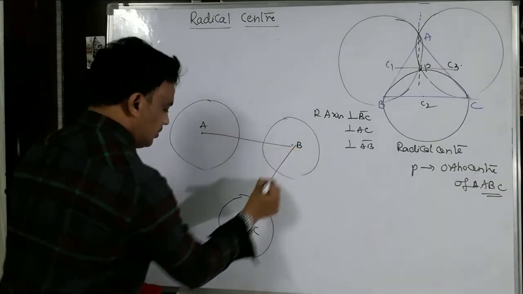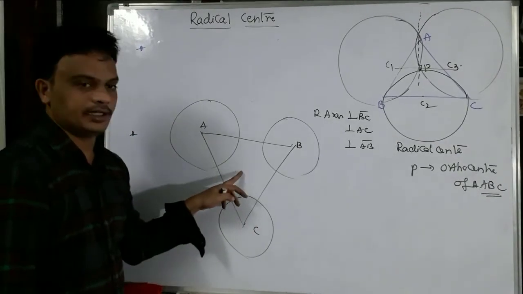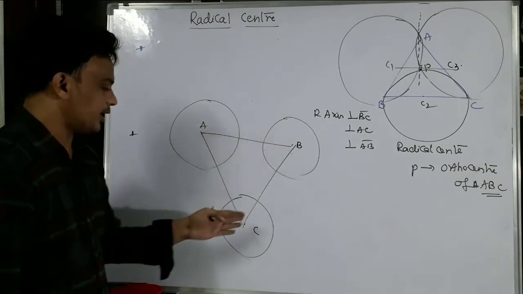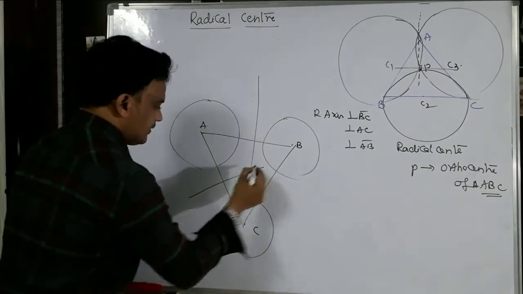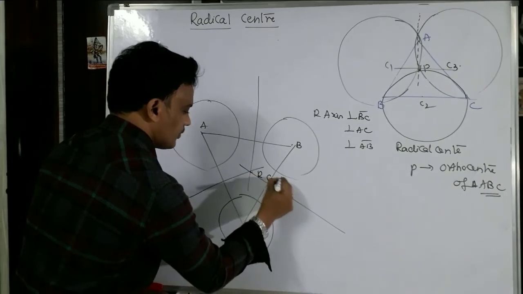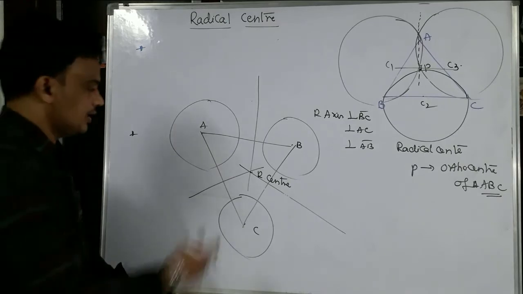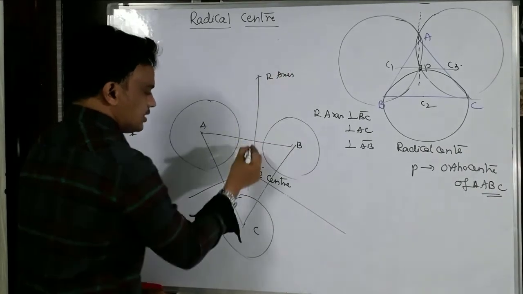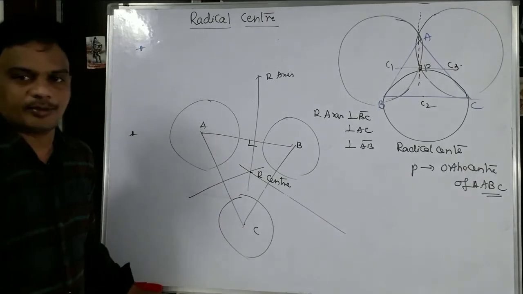For the triangle ABC in this case, what will be the radical center of the three circles, and what point is it for the triangle ABC? This line is the radical axis, it is very clear, and this is the radical center. It is perpendicular to the line joining the centers, am I right or not?